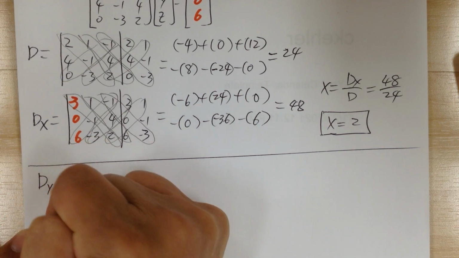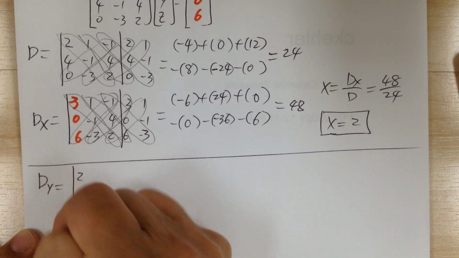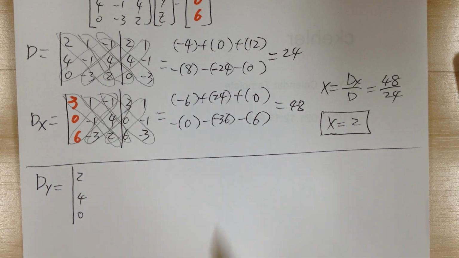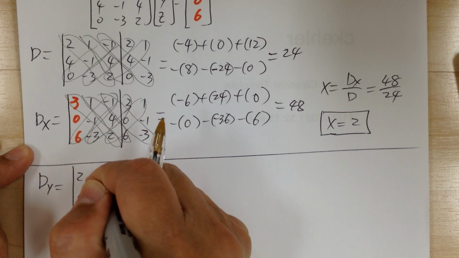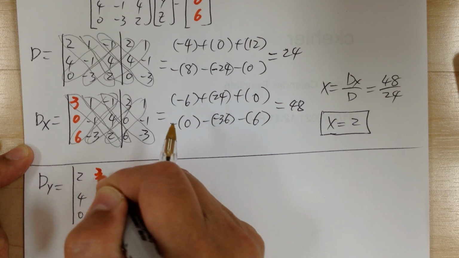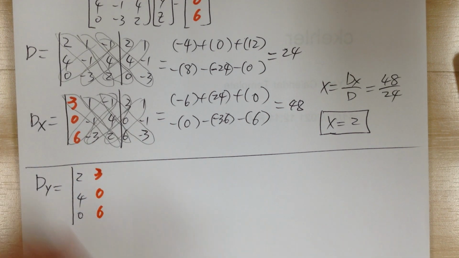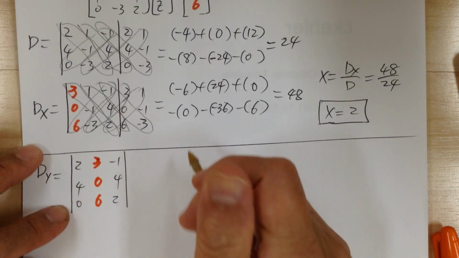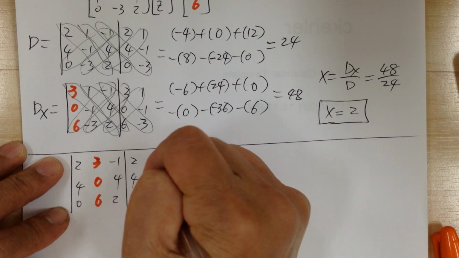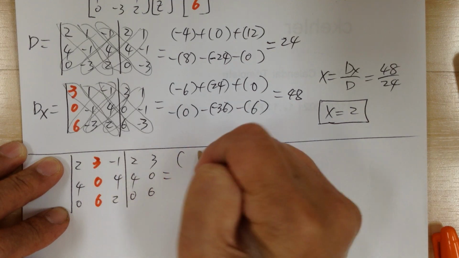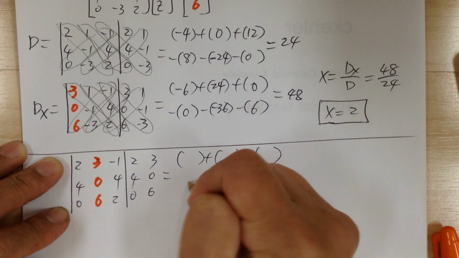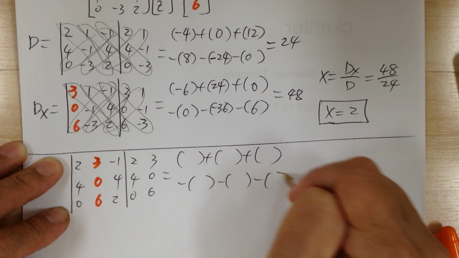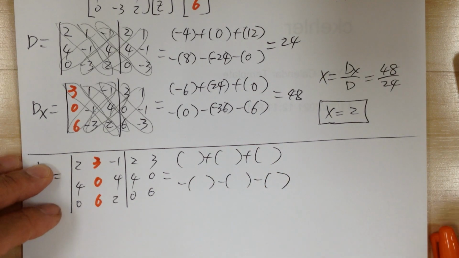Okay, from dy, so you got 2, 4, 0. You got 3, 0, 6. And negative 1, 4, 2. So copy the first two columns. Okay.